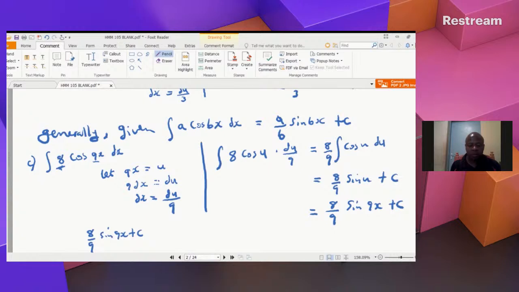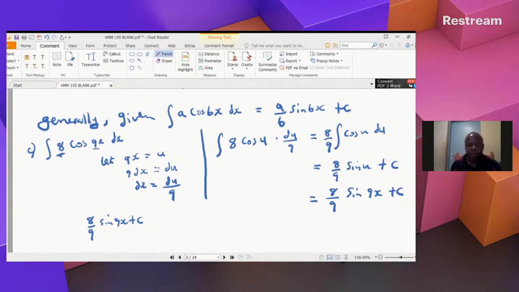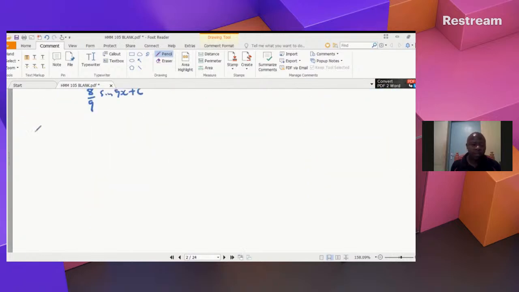So it's very easy that this kind of question you can do mentally. For instance, if I was to give you 13 cos of 3x dx, you can straight away say that this is 13 out of 3 sine of 3x plus constant of integration.